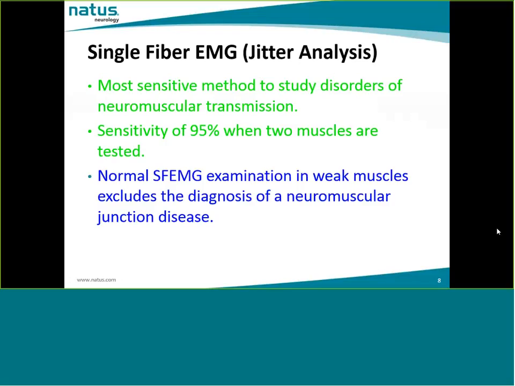So the jitter analysis is useful to confirm the presence of a neuromuscular junction disease, but it is also useful to exclude it. Jitter analysis is indeed a very powerful method for use in an electrodiagnostic laboratory.